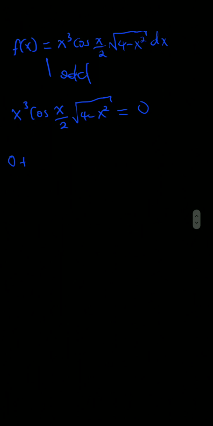So we have 0 plus the integral from -2 to 2 of half multiplied by the root of 4 minus x squared dx.